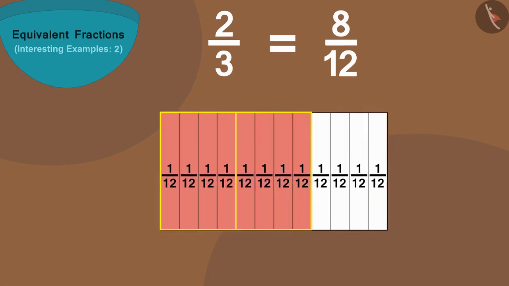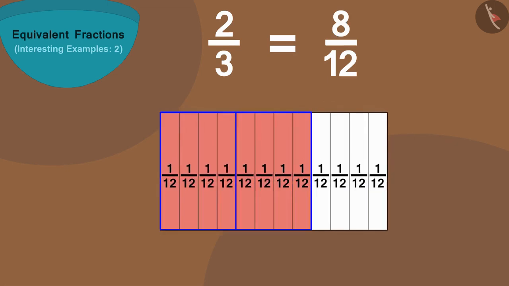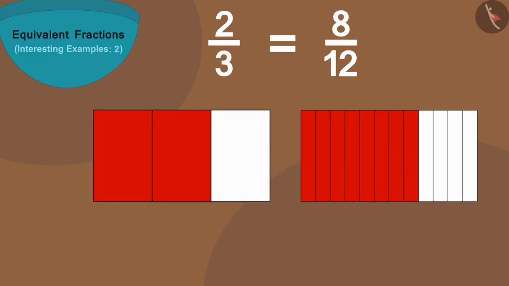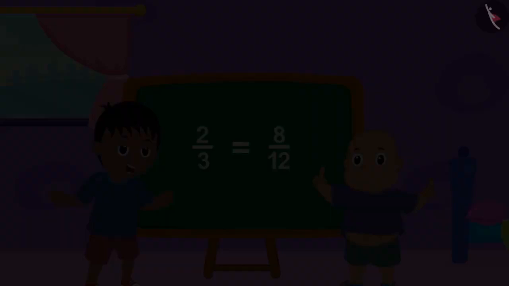And if we look closely, 8 parts of the second strip is equal to two colored parts of the first strip. Thus, 2 by 3 is equal to 8 by 12.